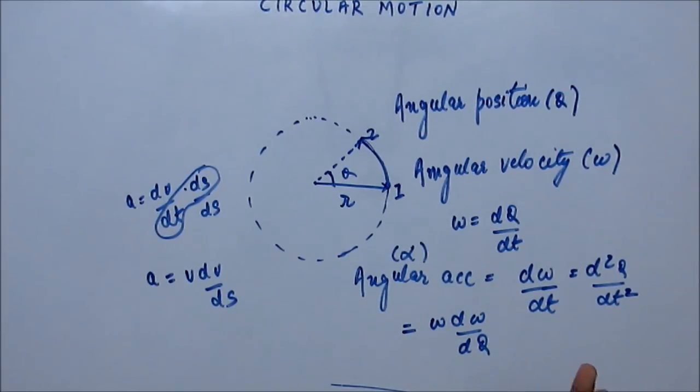The direction of this is given by the right hand thumb rule. You curl the palm of your right hand in the direction of motion, and the thumb points in the direction of angular velocity. Similar to linear acceleration, you'll have angular acceleration, which is d omega by dt. So these things you are very much familiar with. No new theory we have studied up till now. Let's start studying new things.